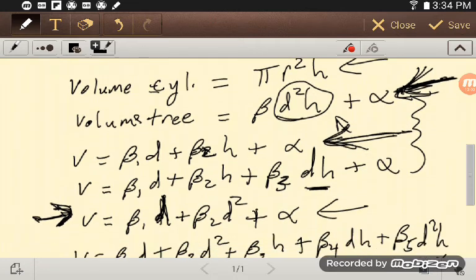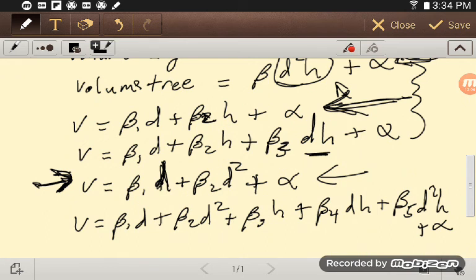We may get a better fit. And again, why? Well, because trees probably aren't that linear. But on the other hand, they aren't exactly cylinders. So maybe one of these other models works better. And so that's what we want you to go through and talk about and discuss.